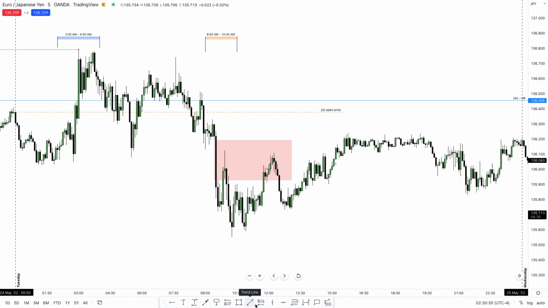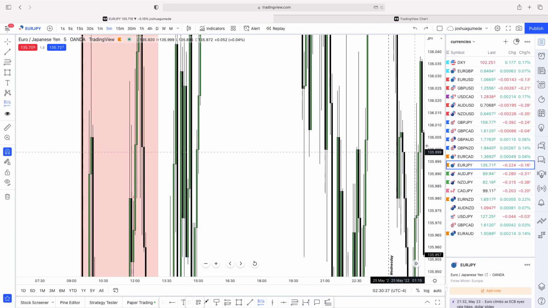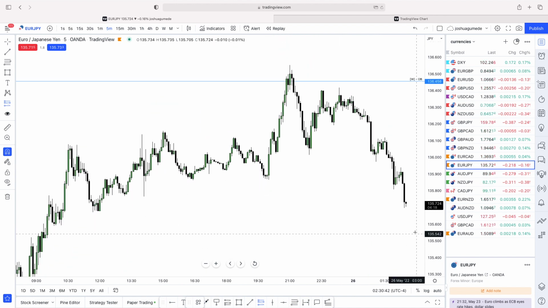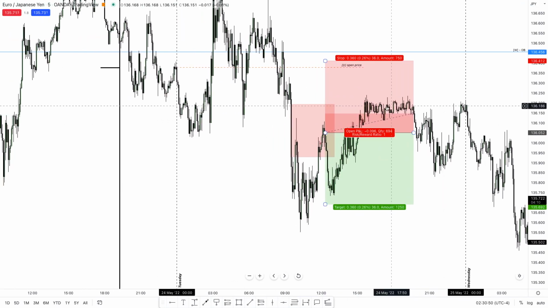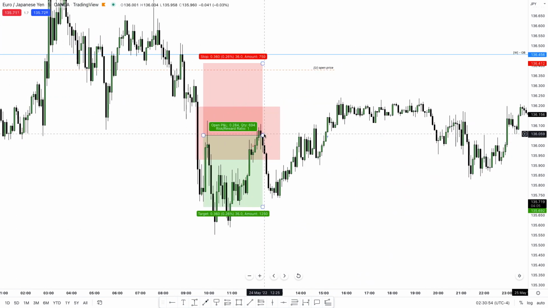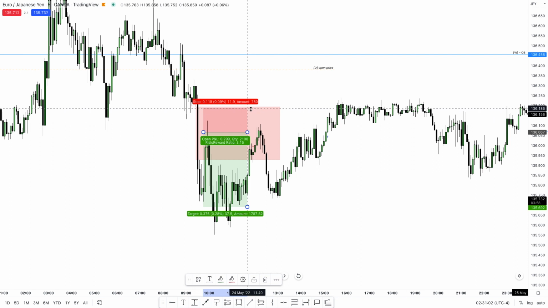Okay, I went short at a 10 pip stop loss.